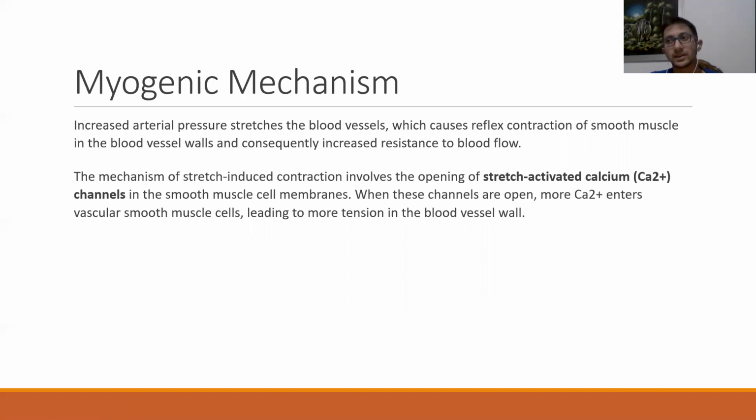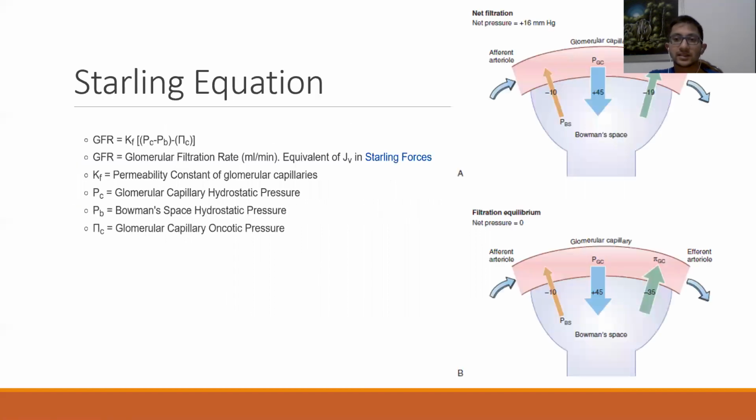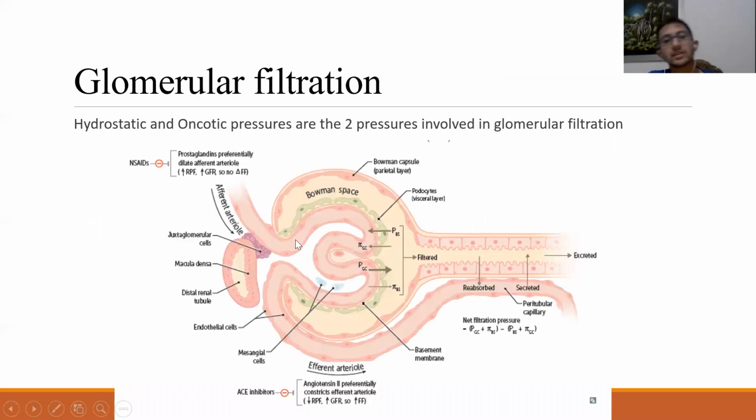Now, let's go back. You have these stretch-induced calcium channels over here. So if the blood pressure increases a lot, these stretch-induced calcium channels get activated. And if calcium is released in smooth muscle cells, they contract, right?